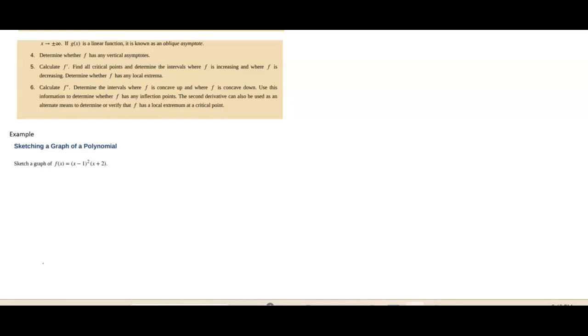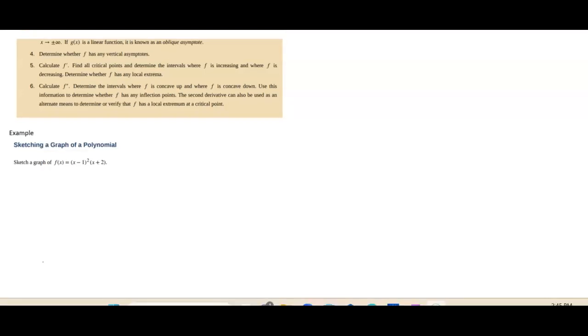And I want to walk you through some examples. So you have in the past been able to graph polynomials and look at their graphs just by using their zeros, but you might not have actually known where maximums and minimums and those types of things are.